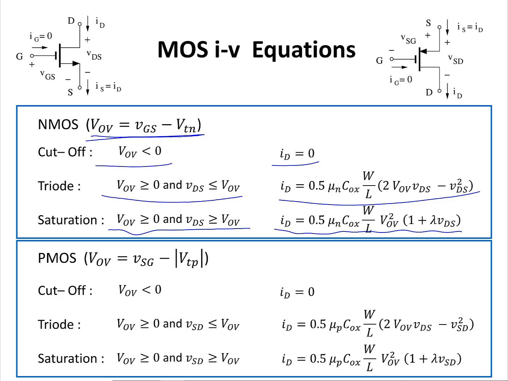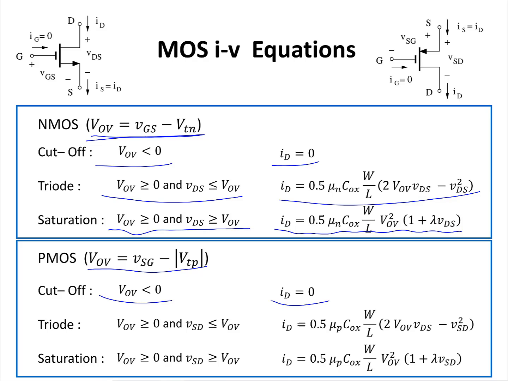For the case of PMOS transistor, V overdrive is defined as VSG minus V threshold of PMOS transistor. Again, we are using VSG instead of VGS for the case of PMOS. Also, because the threshold voltage has a negative value for a PMOS transistor, we're going to use it in an absolute value. Just like an NMOS transistor, when PMOS is in cutoff, V overdrive is less than 0 and drain current is equal to 0.